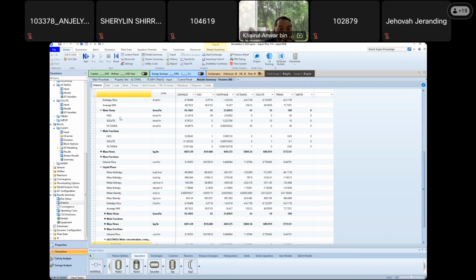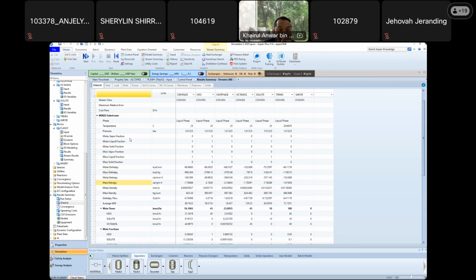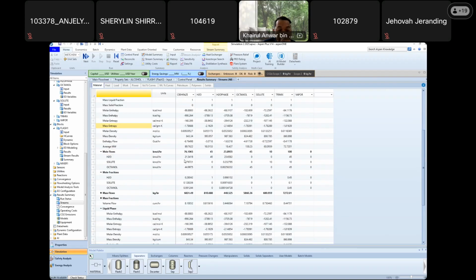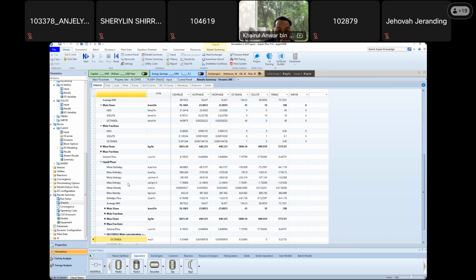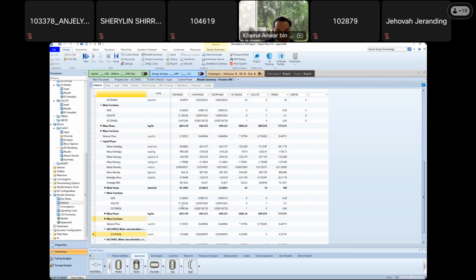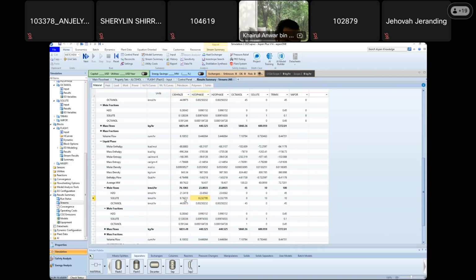More fraction. If you try using methanol, the value should be different.